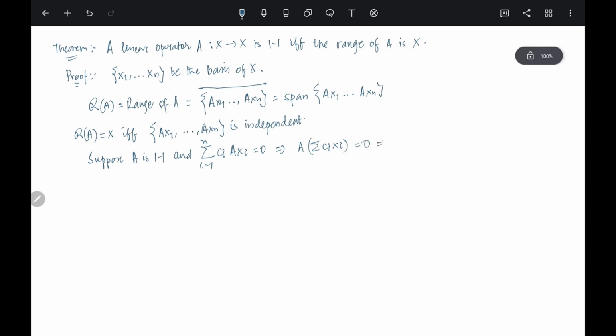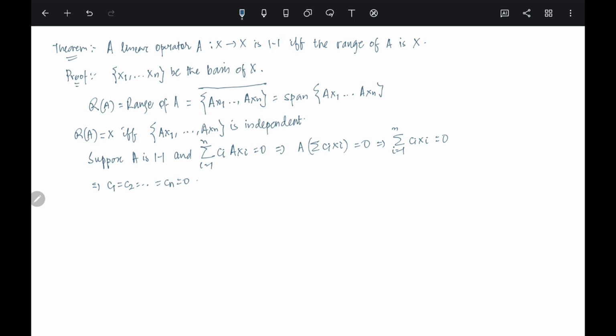Since A is 1-1 and A of 0 is 0, summation Ci xi has to be 0.